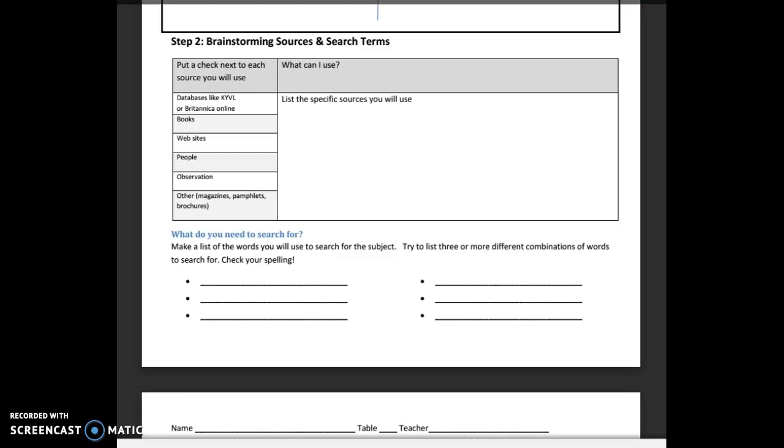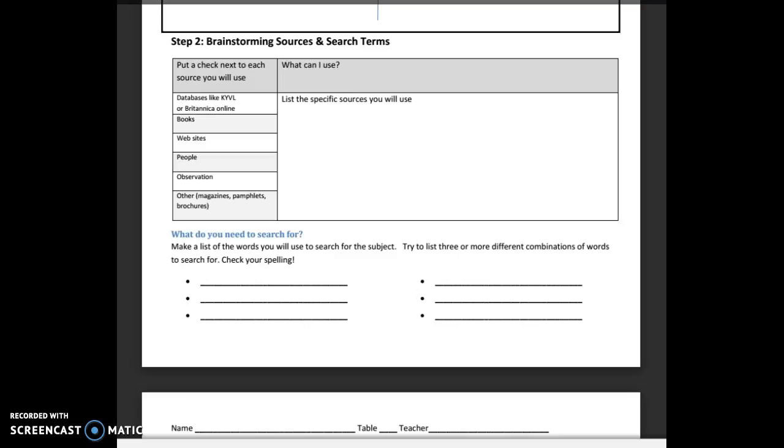When you put just kangaroo diet, it's not going to give you as much information as if you put kangaroo and diet. So make sure that "and" word is in there because it gives you a lot more quality research to choose from. When you do this, I want you to come up with about 6 really good combinations of words for you to search for when you're doing your research next week.